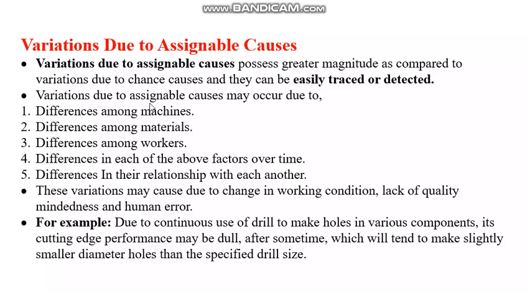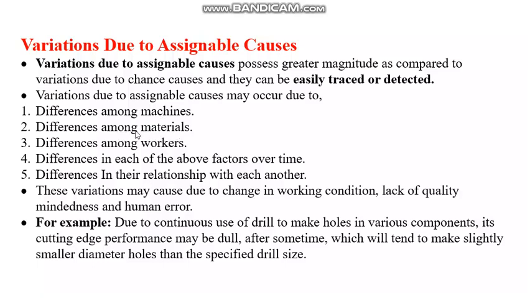The variations due to assignable causes may occur due to differences among machines, differences among materials, differences among workers. If the differences in machines are causing variations, to eliminate them you can perform the work on the same machine. Then variations may not be there.